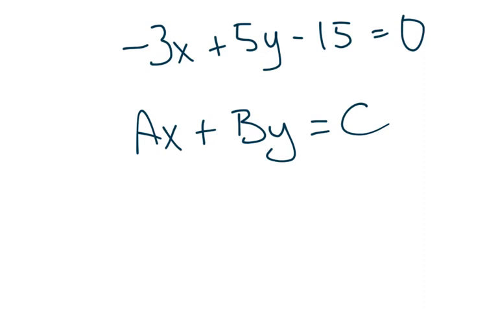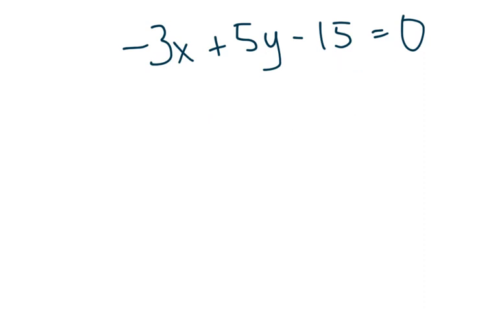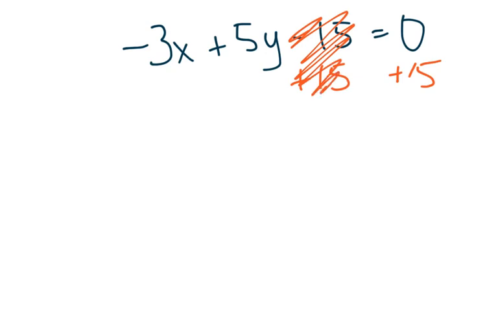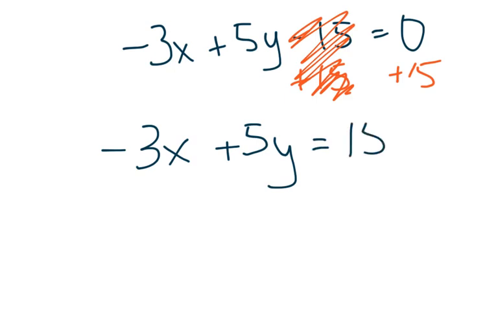We can't do our job unless it is in this format. So the 15 needs to be moved over on the other side of the equation. So the very first thing we're going to do is add 15. These go away, and then we get -3x plus 5y equals 15. And this is where we're going to start.